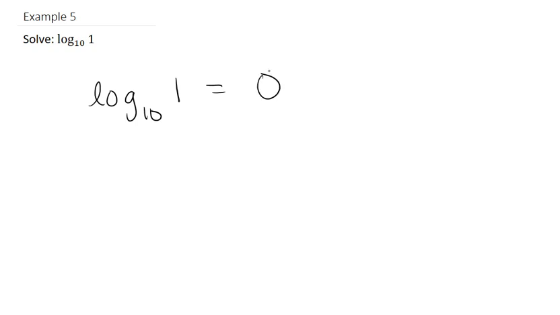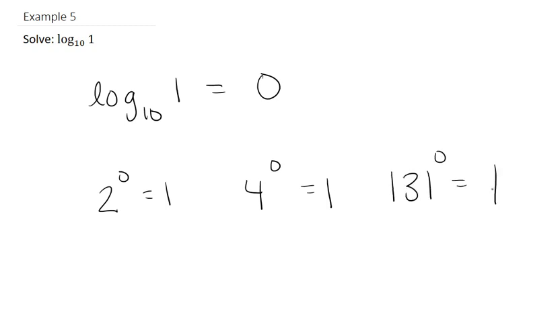And this is because any number raised to the 0 power would equal 1. So for instance, 2 to the 0 power is equal to 1. 4 raised to the 0 power is also equal to 1. 131 to the 0 power is equal to 1.